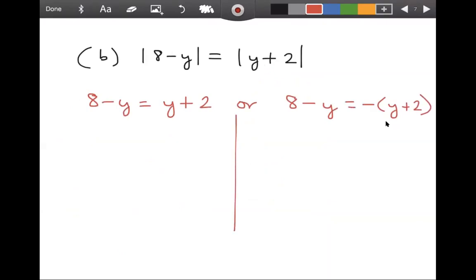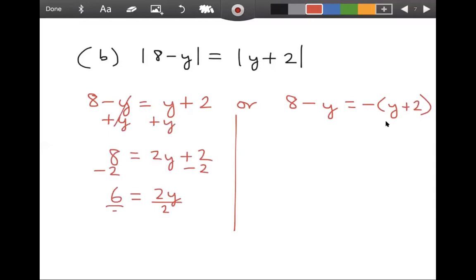All right, so first equation, I think this time I'll put the y's on the right side. Why not? 8 equals 2y plus 2. Subtract 2 from both sides, I get 6 equals 2y, which means y is 3.